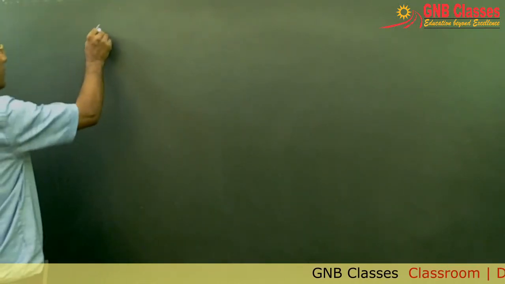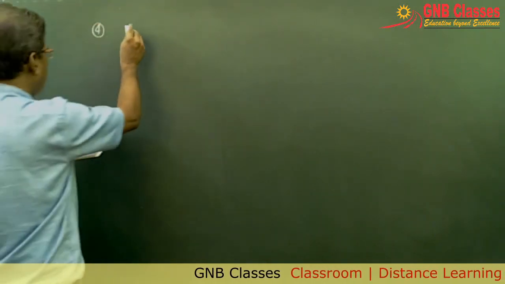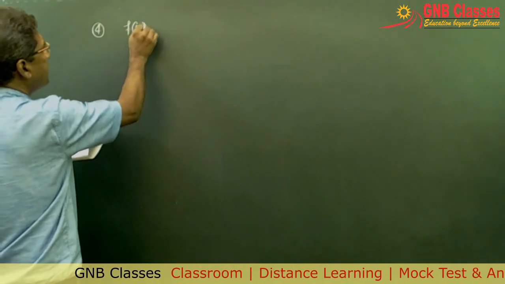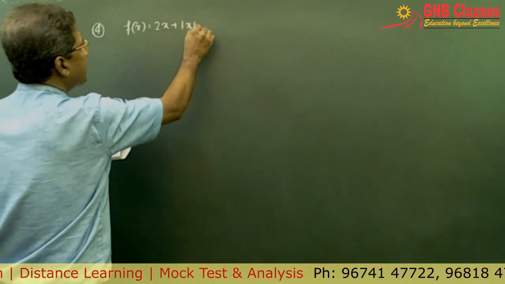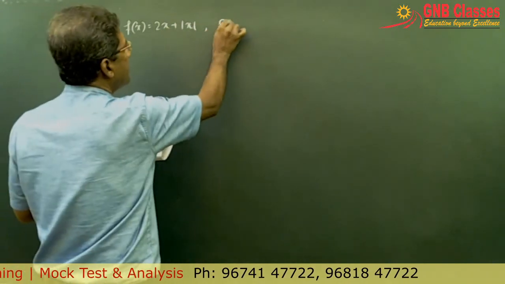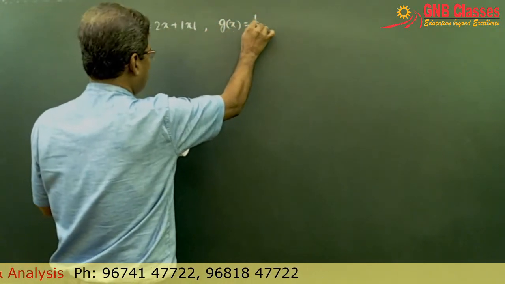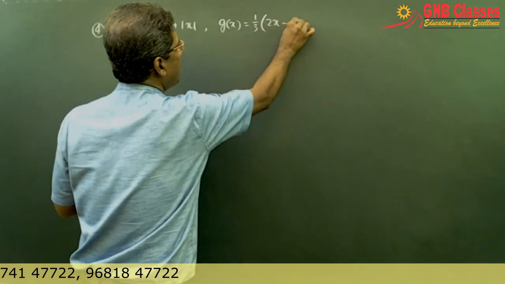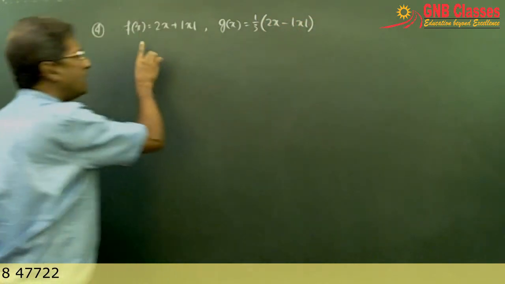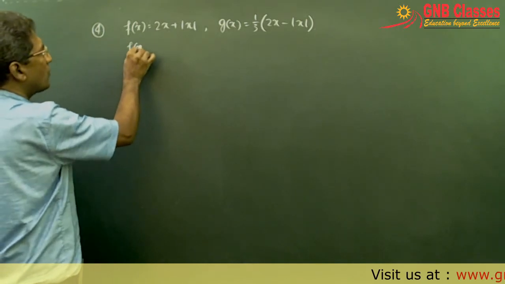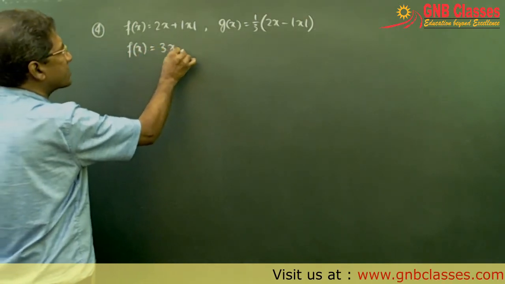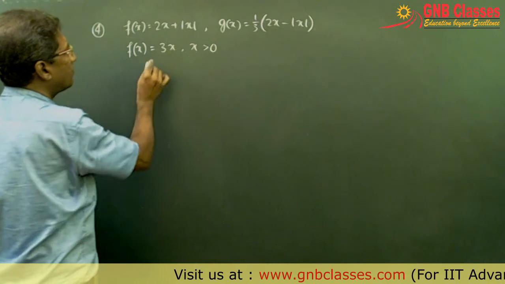In question number 4, they have given f(x) equals 2x plus mod x and g(x) equals 1/3 (2x minus mod x), right? Now, let me just redefine this function. So, f(x) can be written as 3x when x is greater than 0.